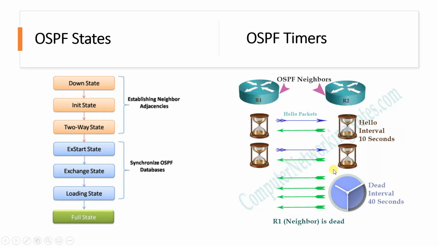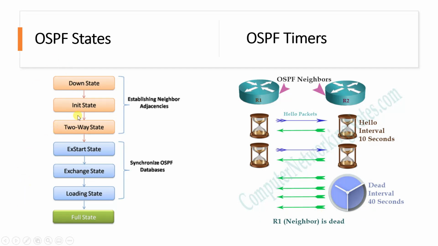Then router 2 continuously sends 4 packets at 10 second intervals. After these 4 hello packets, if router 1 still cannot send a response, then router 2 considers router 1 dead.